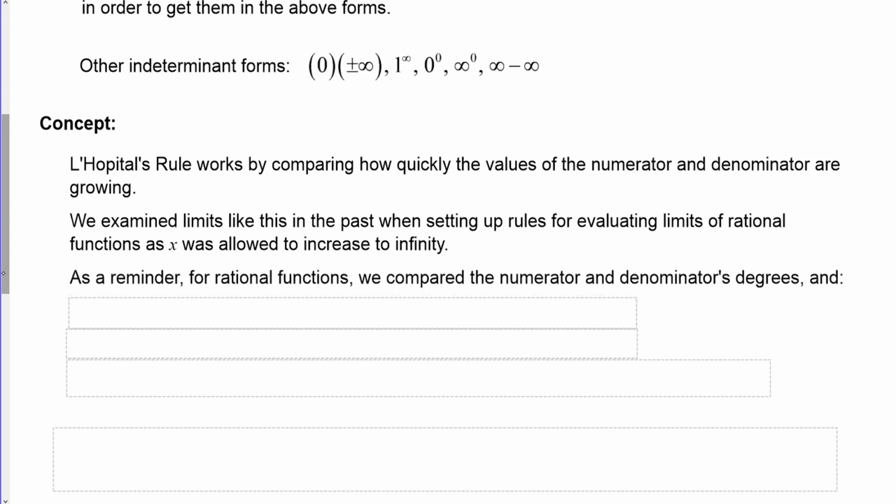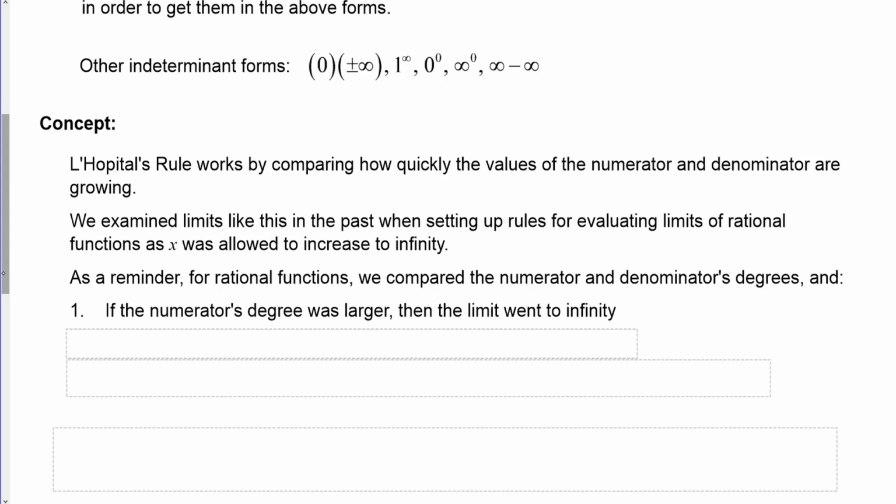As a reminder, we compared the numerator and denominator's degrees of those rational functions. And if the numerator's degree was larger, then the limit went to infinity. So the idea is, if the degree in the numerator is larger than the degree in the denominator, the numerator is growing much more quickly than the denominator, and therefore the value of the fraction is going to rush off to infinity.